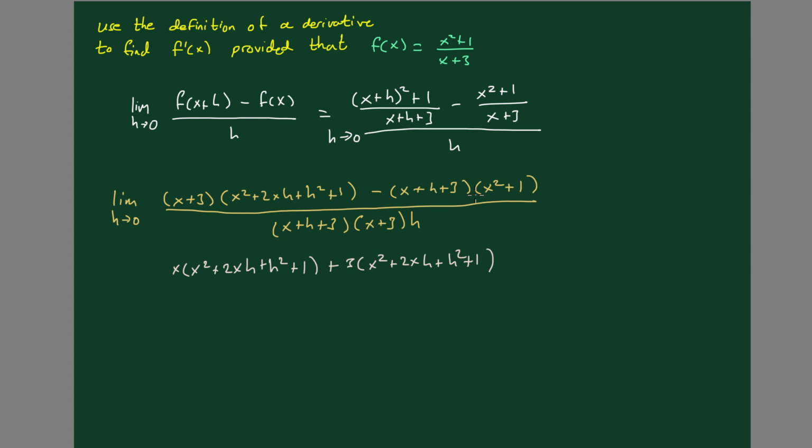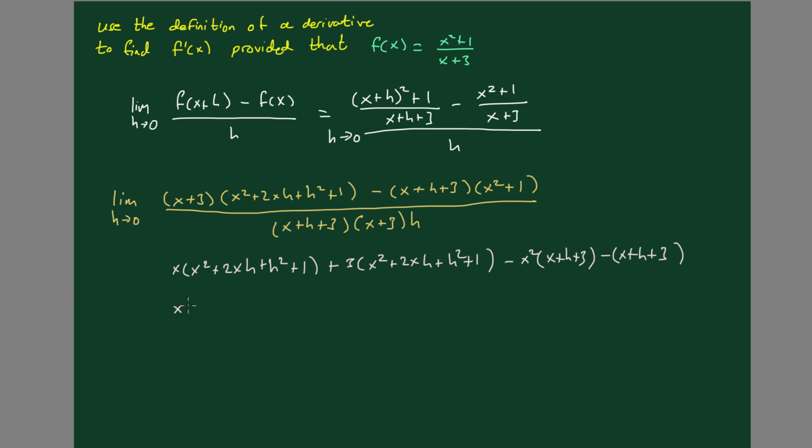And then we have this term distributed into the x squared plus 1. So that's going to be minus x squared times (x plus h plus 3), and then just a regular minus (x plus h plus 3), since it's just a 1 over here. And let's go ahead and simplify this a little bit more.